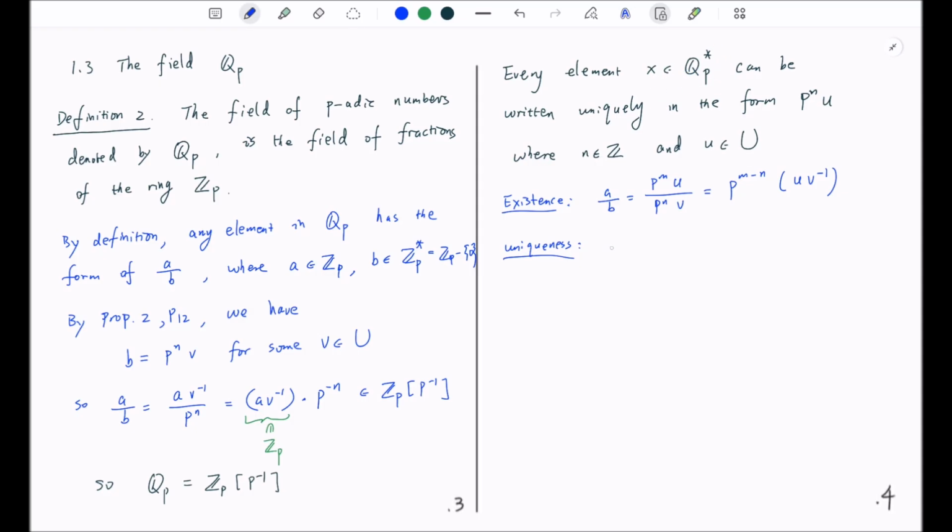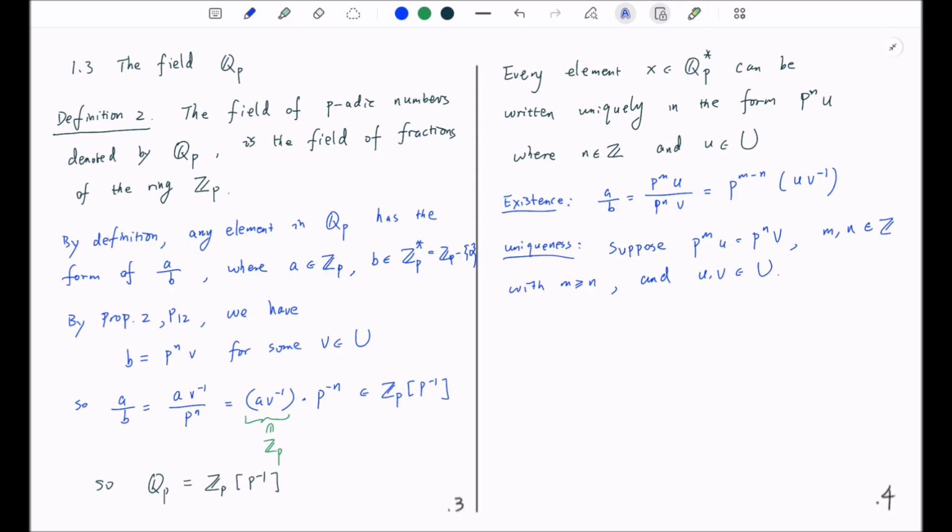Because suppose we have two factorizations, p^m u and p^n v, where m and n are both integers with m bigger or equal to n, and u, v are both invertible in Z_p.